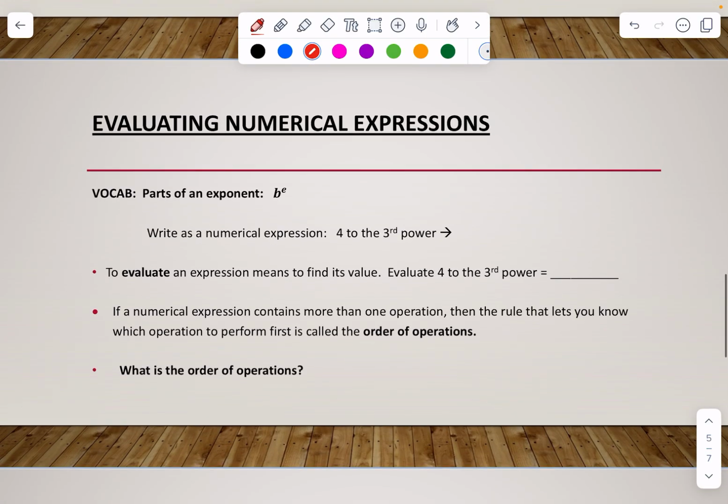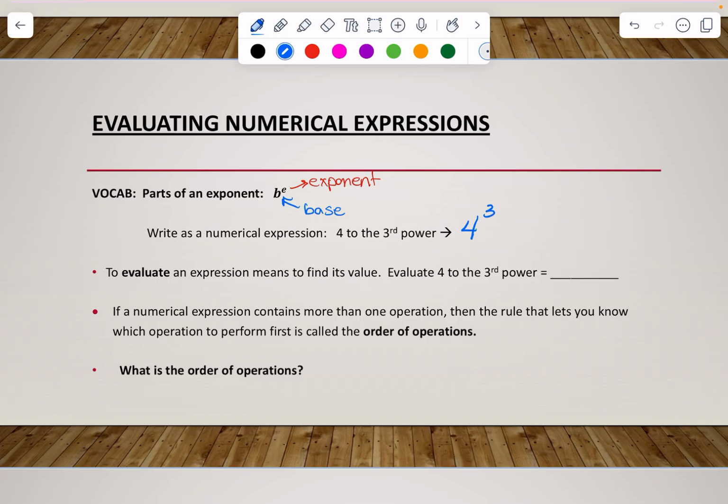All right. Now, the second part to this is evaluating numerical expressions. Before we start, let's talk real quick about exponents. Let's make sure we've got some terms down. The B here stands for the base. The E stands for the exponent. So to write as a numerical expression 4 to the third power, what that means is 4 raised to the third power.